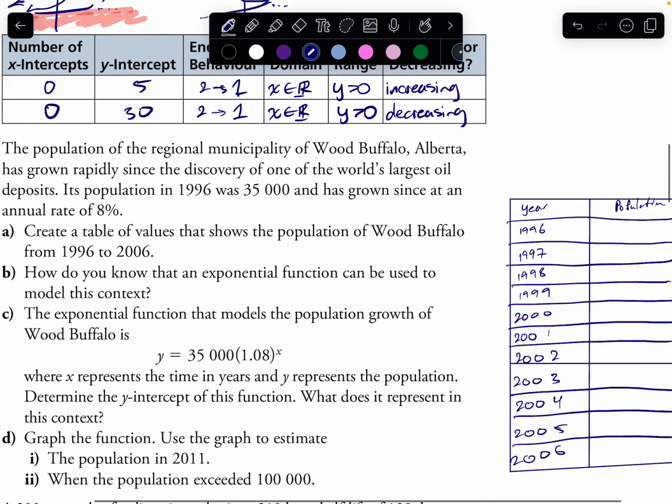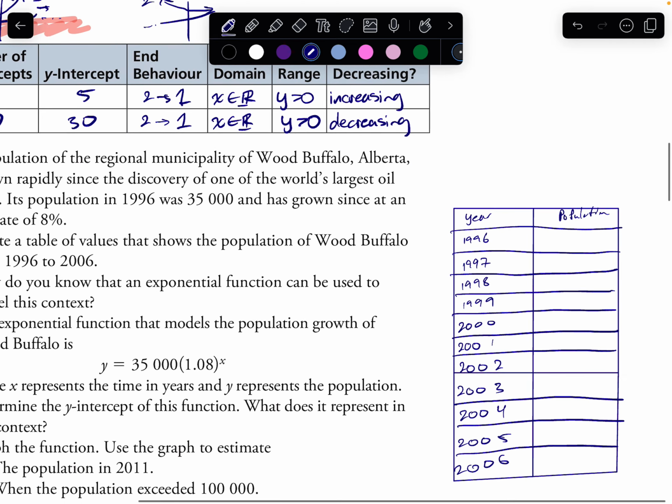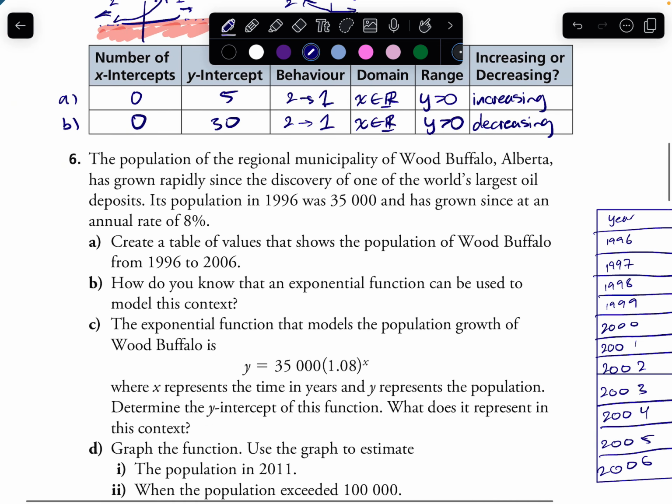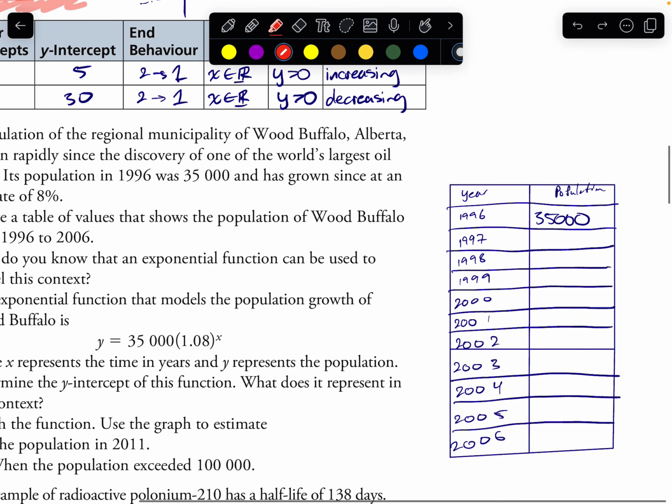Okay, so at 1996, it's 35,000. Now it says it increases at an annual rate of 8%. So to make this table, you take the number that's in here and you multiply it by 1.08. That's an increase of 8%.